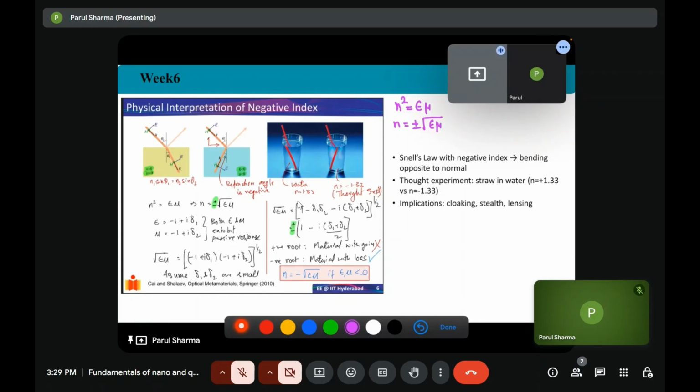So the only way that can happen is bending away from the normal. So we can show that a wave can only propagate in a negative index medium if it bends this way.